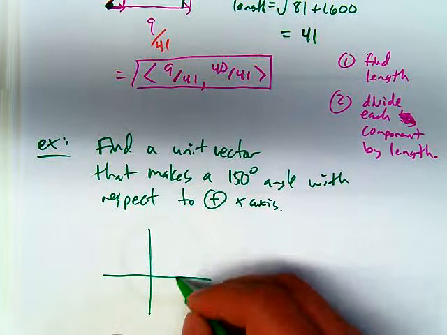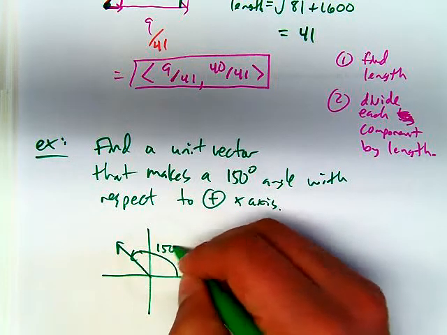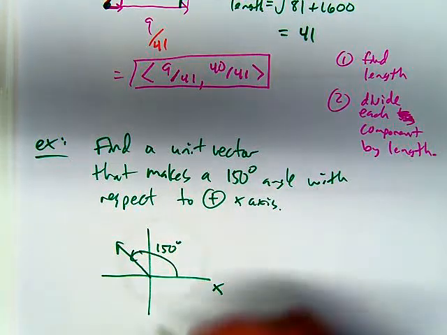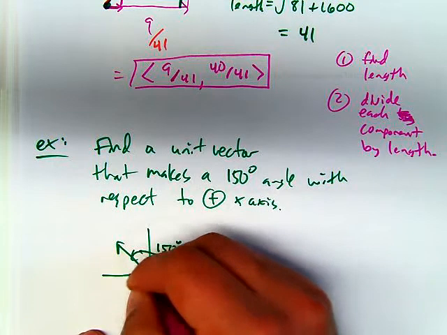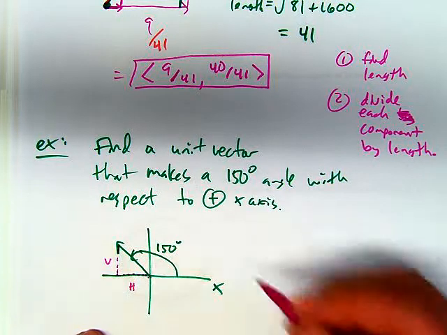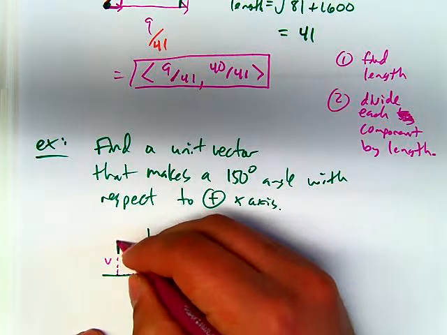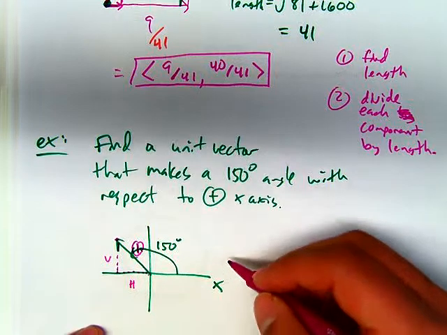So here's positive x. 150 looks something like that. We want to know what this x value has to be and what this y value has to be. So what's this horizontal and vertical component, so that this vector is 1 unit long.